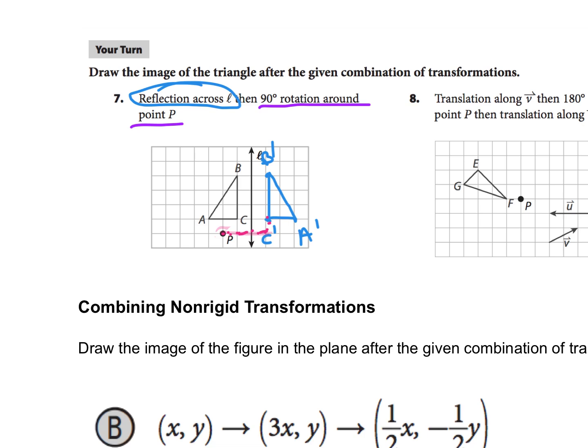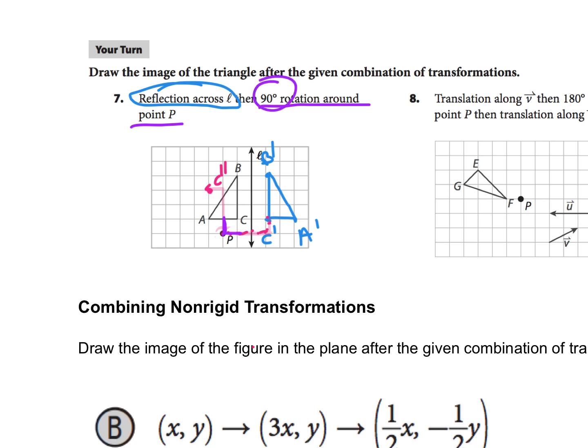So 1, 2, 3, 1. So I'm going to do the same thing here. 1, 2, 3, 1. And there's my C double prime. So do you see that the angle right here between those two is that 90 degrees, okay?